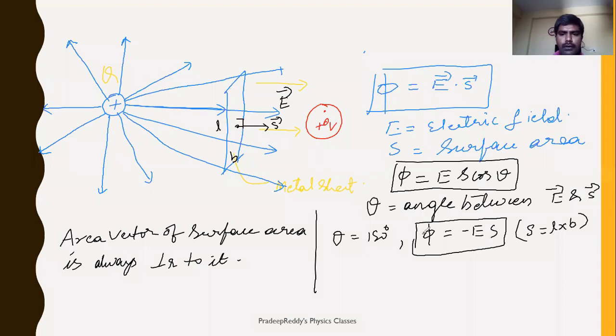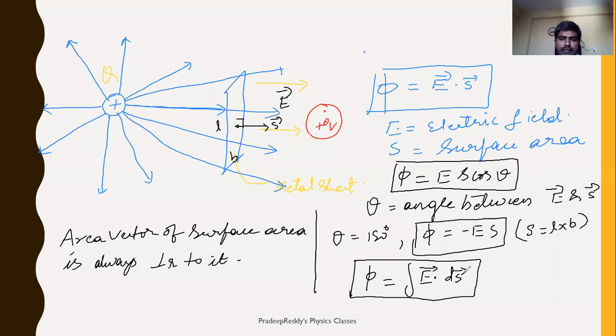For example, if the electric field is not uniform, if the electric field is variable, then in such cases you will write phi is equal to integration E dot ds. This is electric flux through variable surfaces.